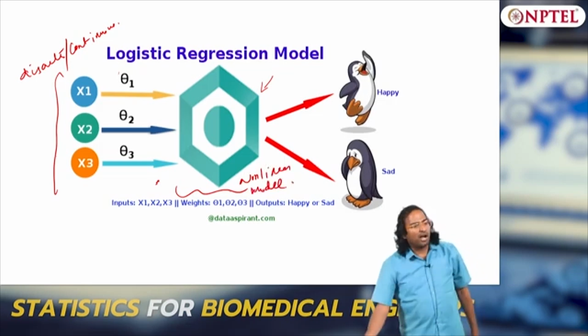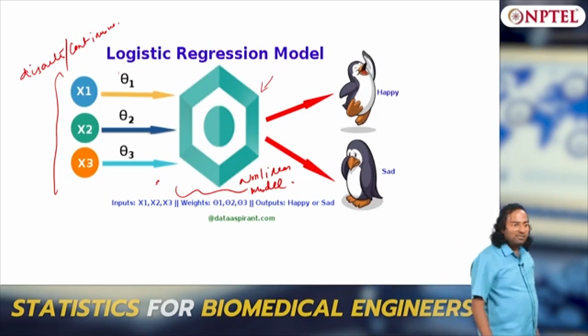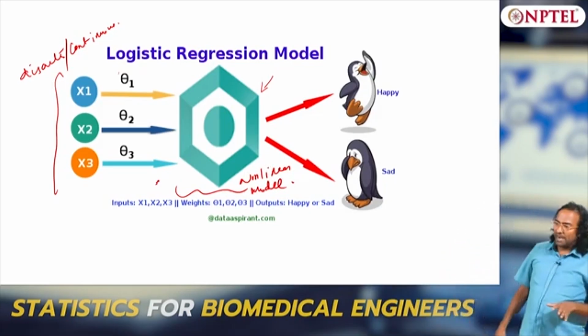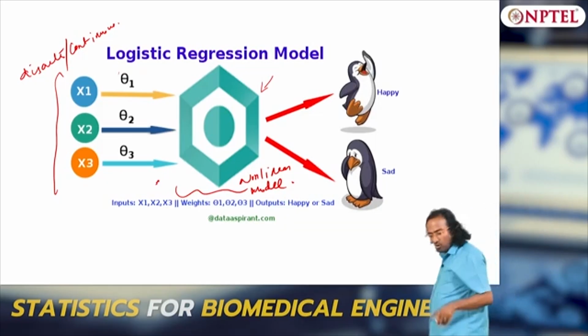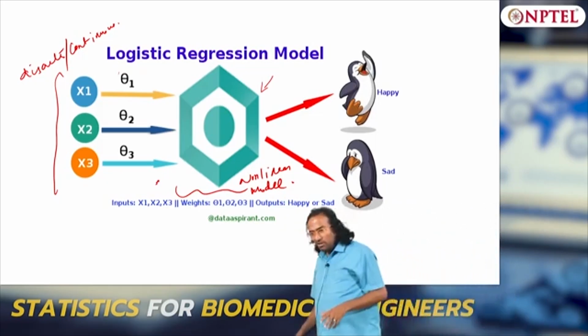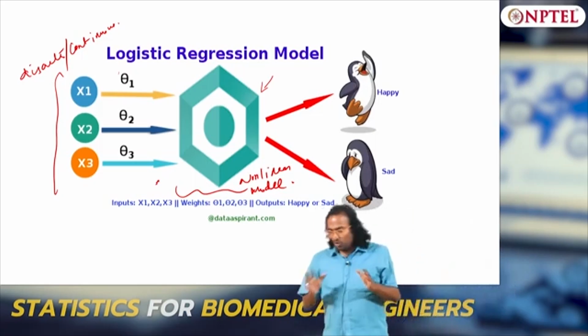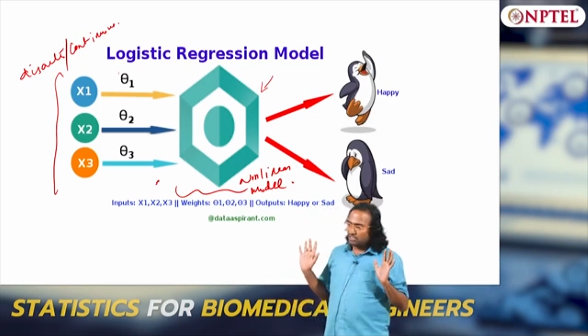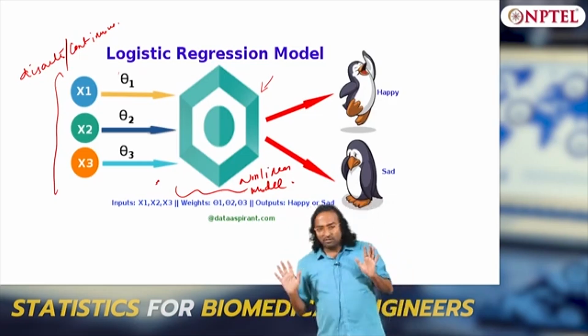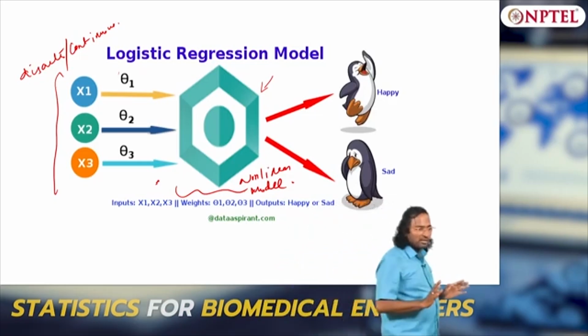And you all know the Hodgkin-Huxley model is also a non-linear model, right. So similarly here the inputs are weighed and passed through a non-linear model to get the output, which is either 1 or 0.